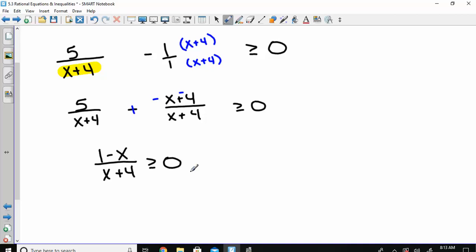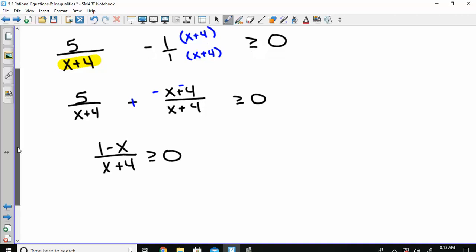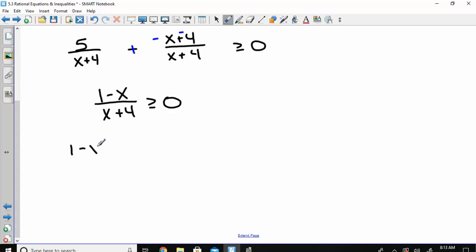Now, this is like the last problem, so we're going to pick up where we started with the last one. You set the numerator and denominator equal to 0. So over here I get x equals 1 and x equals negative 4.